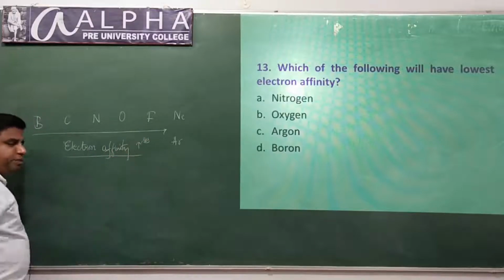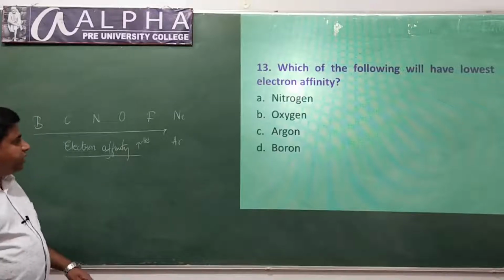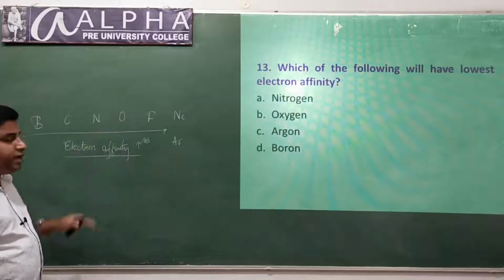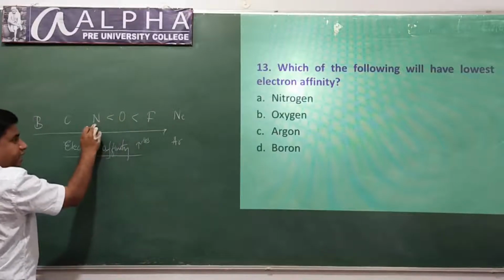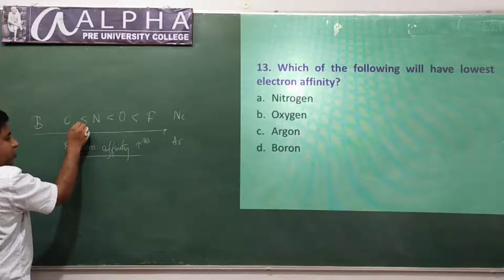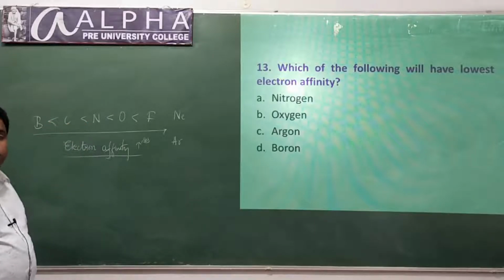That means fluorine has more electron affinity than oxygen. Oxygen has more electron affinity than nitrogen. Nitrogen has more electron affinity than carbon. Carbon has more electron affinity than boron.